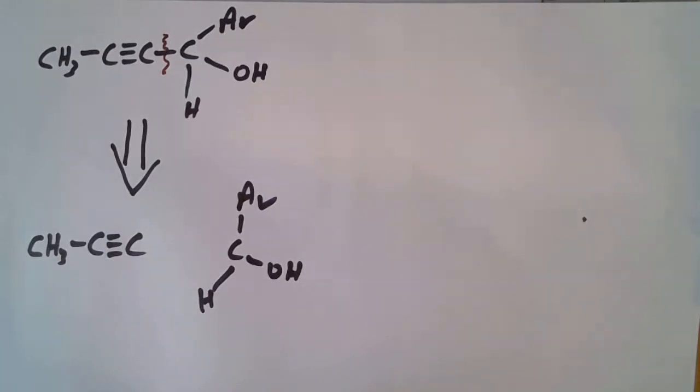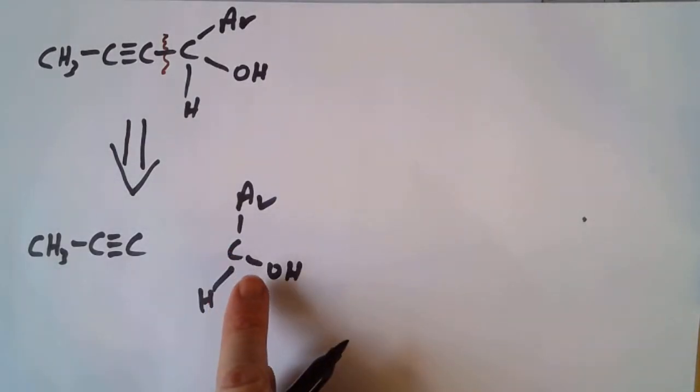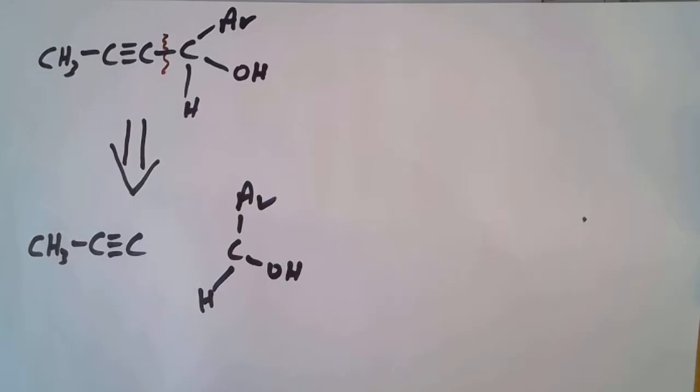A positive sign would indicate that the synthon is electrophilic, and a negative sign would indicate that the synthon is nucleophilic. Taking a look at this synthon over here, we see that the carbon is attached to an oxygen. Given that oxygens are electronegative, that would tend to indicate that this carbon will be inclined to be electrophilic. So that's not a bad approach to take.